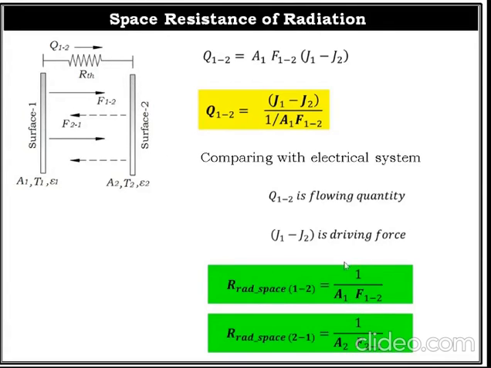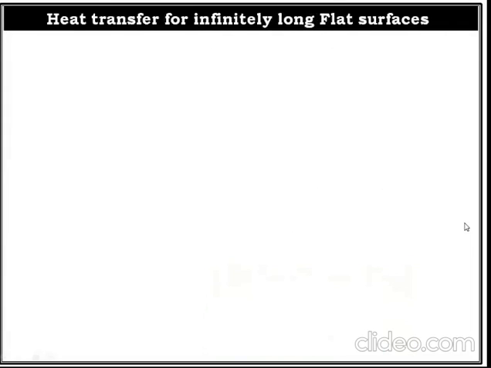So accordingly we have to change the notation. In general, space resistance is 1 upon area and shape factor. So the product of area and shape factor gives the space resistance. So there are two kinds of resistance in radiation, surface as well as space.